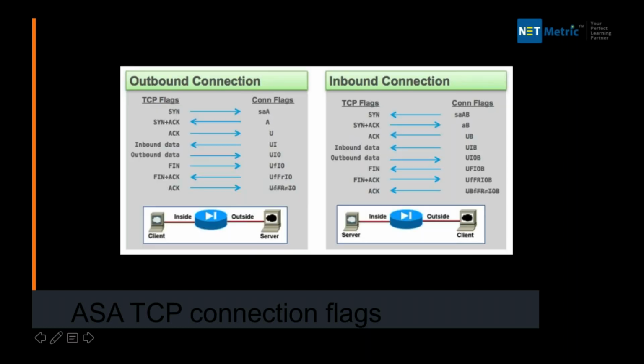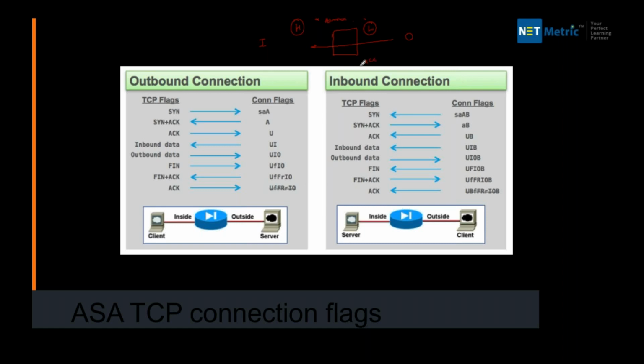Now in this example, if the traffic is being initiated from the outside interface towards the inside of the firewall, by default, from a lower security level to a higher security level, the traffic is always denied. But to allow that traffic, you have to write an access list.